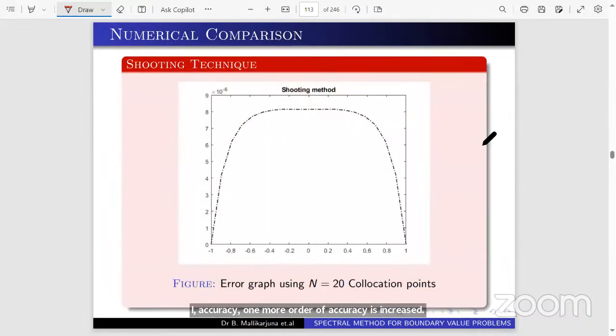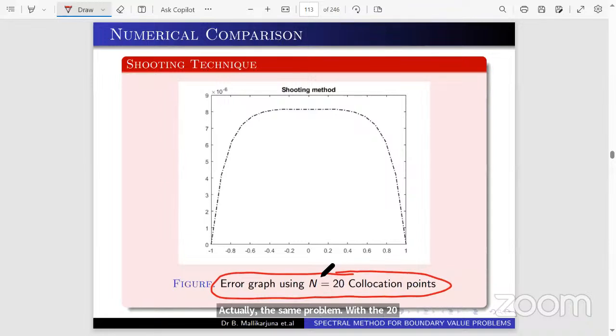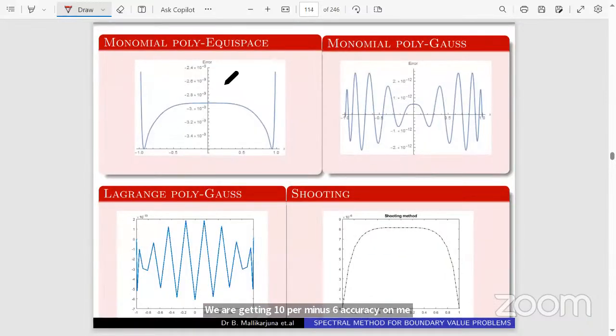Next, suppose with another numerical technique, actually the same problem with 20 step size points, we are getting 10 power minus 6 accuracy only. You can see here: monomial polynomial with equispaced points, monomial polynomial with Gauss-Lobatto points, Lagrange polynomial with Gauss-Lobatto points, and the other technique.